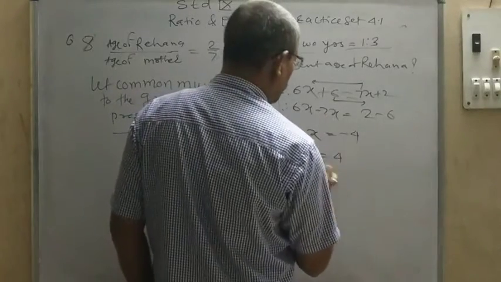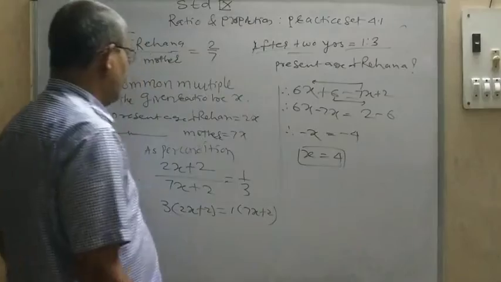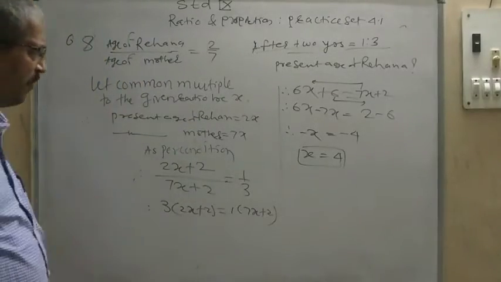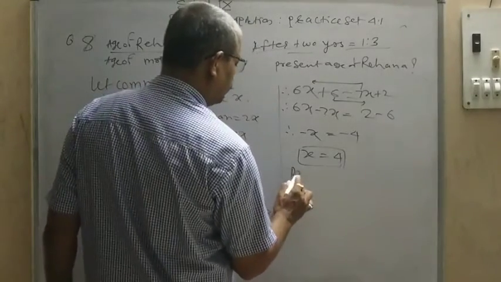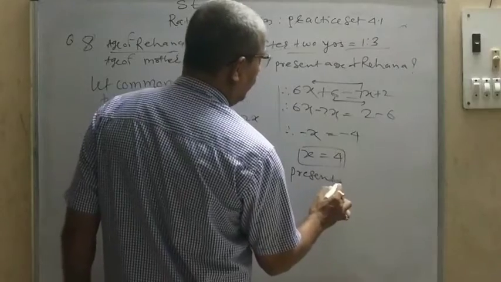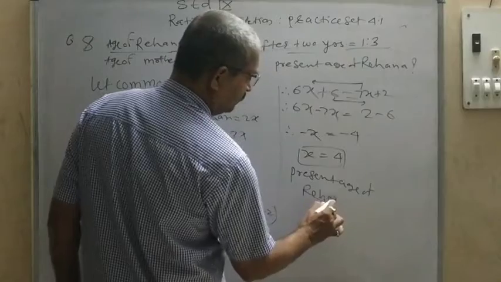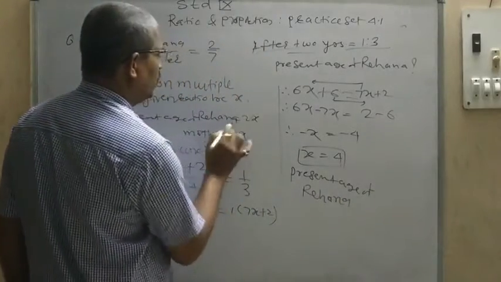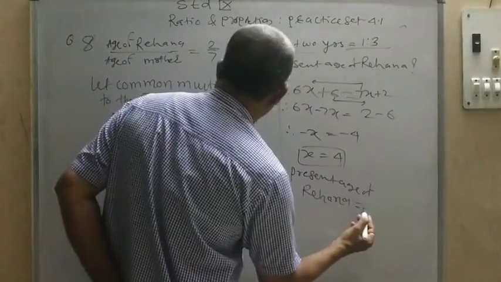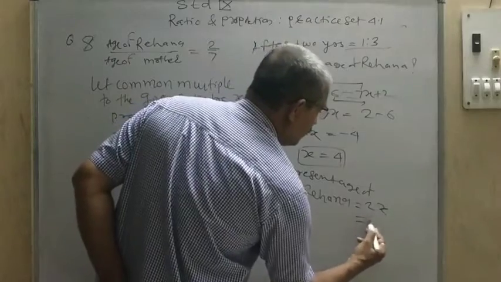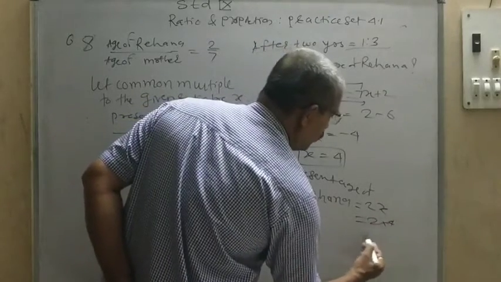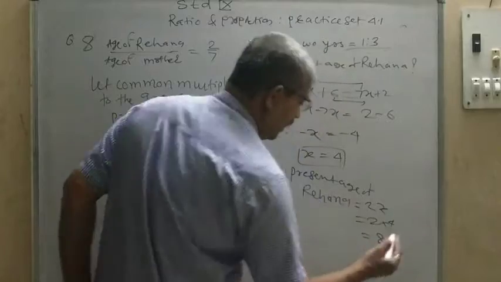Therefore x is equal to 4 is the answer. So what do you want? Present age of Rehana is equal to 2x, means 2 into 4, 2 4s are 8 years.